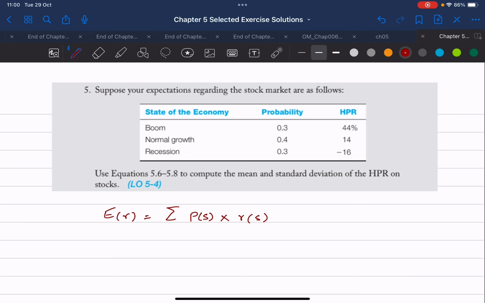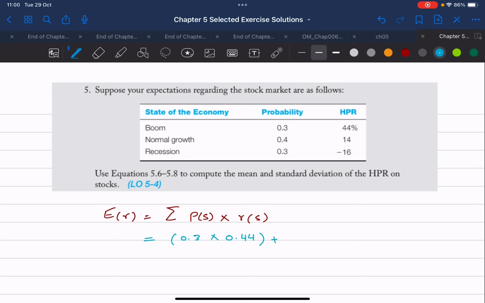So the first probability we have here is 30% for an economic boom. We're going to say 0.3 multiplied by 0.44. So a 30% chance of achieving a return of 44%.